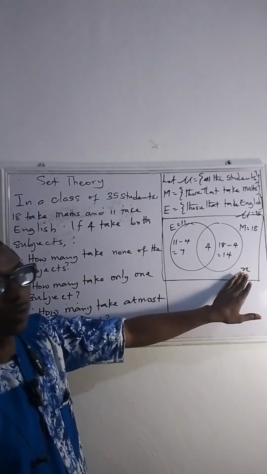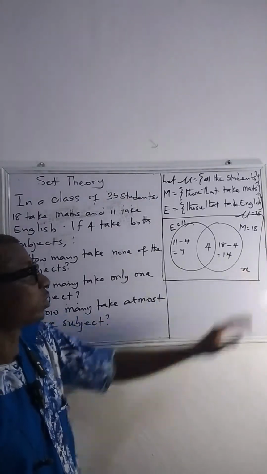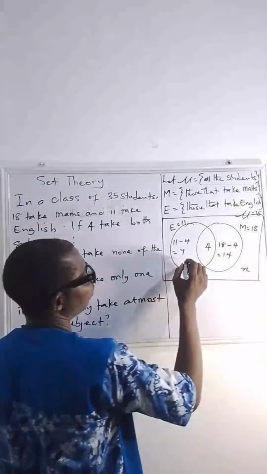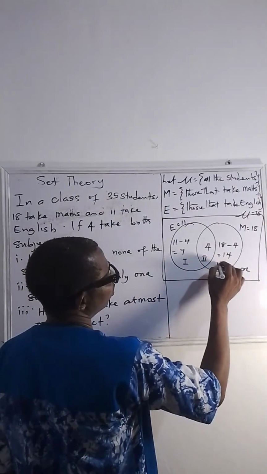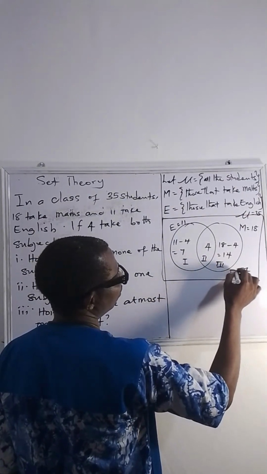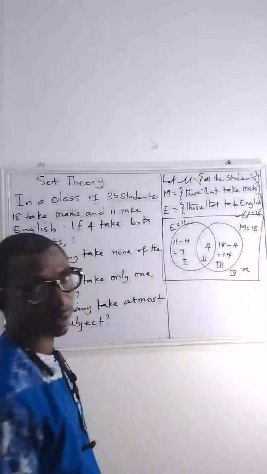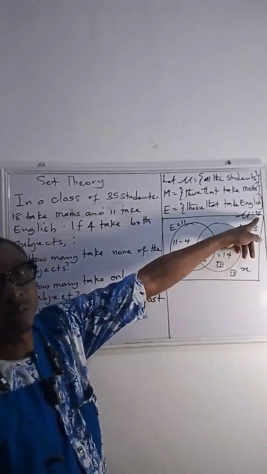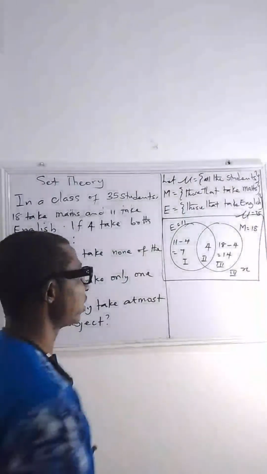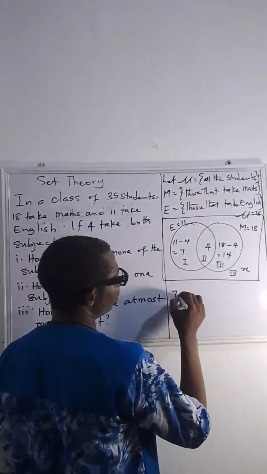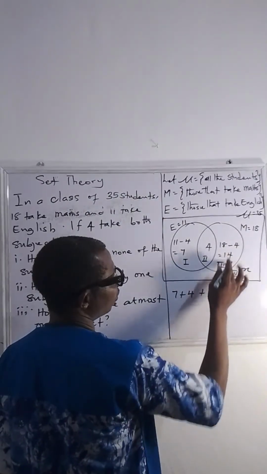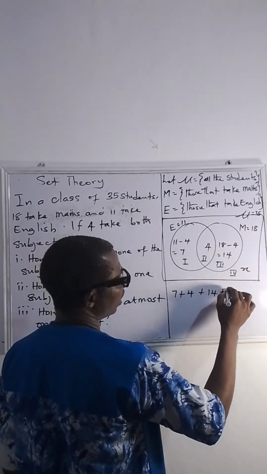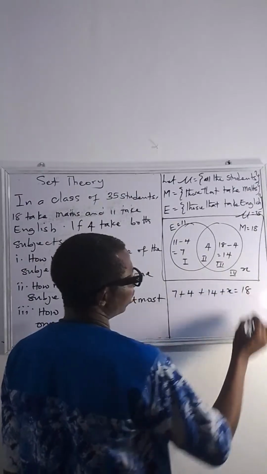Now we want to get the number of those that take none of the subjects. Okay, so we add the 4 parts together. This is part 1, part 2, part 3, and part 4. Now let's add the 4 parts together and equate it to the number of elements in the universal set. So you have 7 plus 4 plus 14 plus x equals to 18.